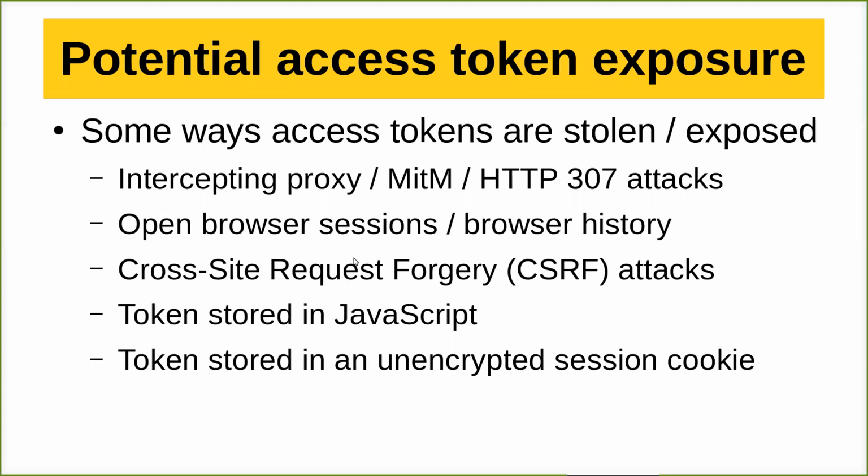Open browser sessions or browser history, particularly when it's included as part of the web address, cross-site request forgery attacks, tokens stored in JavaScript in code, tokens stored in an unencrypted session cookie, and probably a number of others. So that's typically how these things get exposed and how some of these attacks are possible.